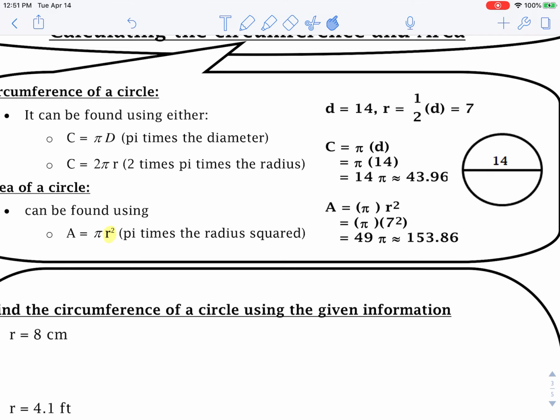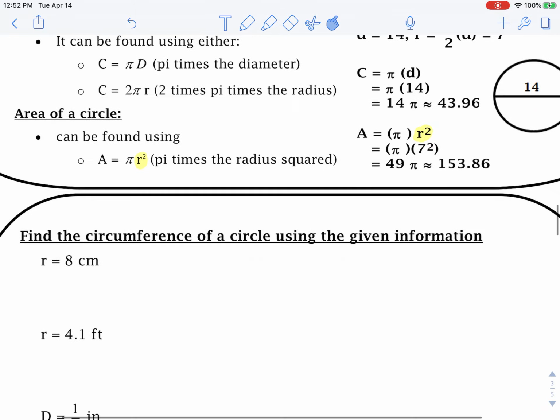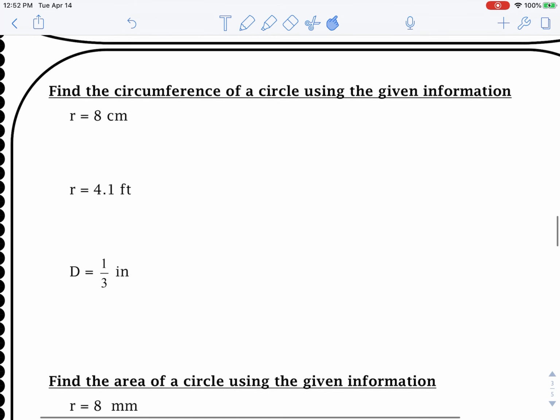Pi times the diameter is 14 pi, or approximately 43.96. The area, however, we need to use the radius. So we take half of 14 and get 7. 7 squared is 49, so it's 49 pi, or approximately 153.86.